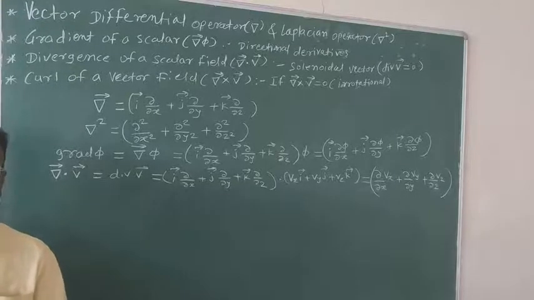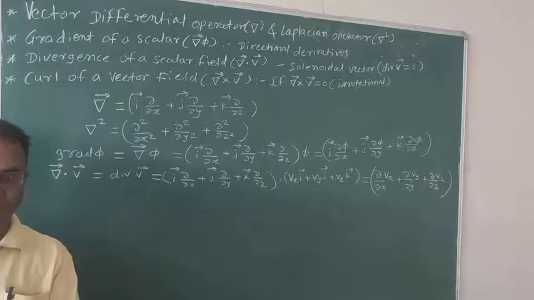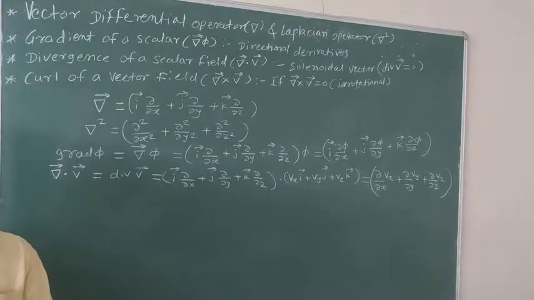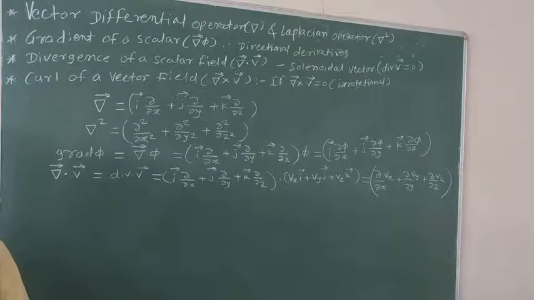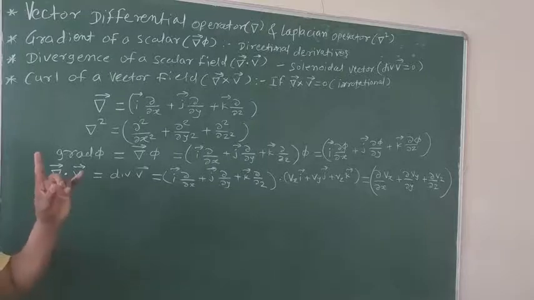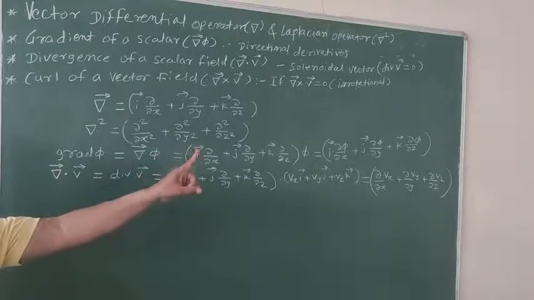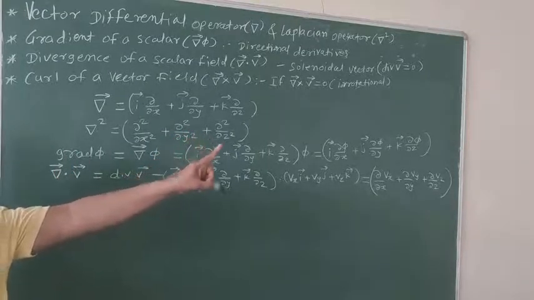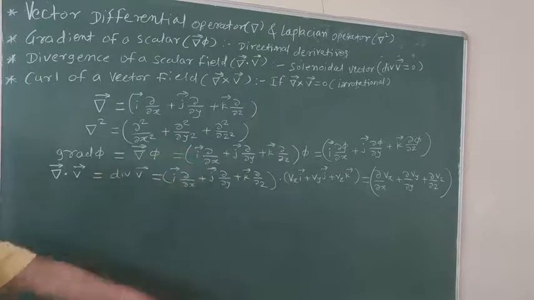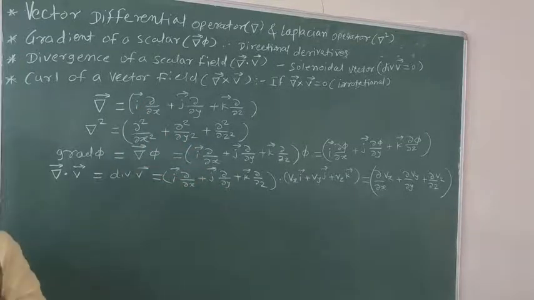One important definition related to divergence: when the vector field V has no divergence, that means divergence is 0, that vector field is called a solenoidal vector field.